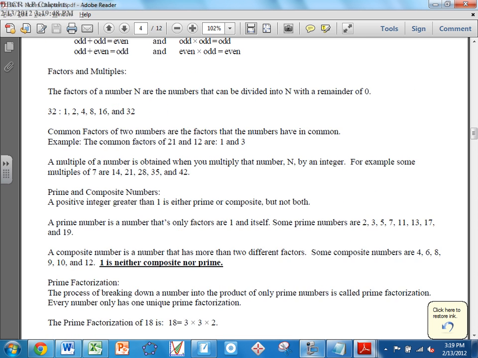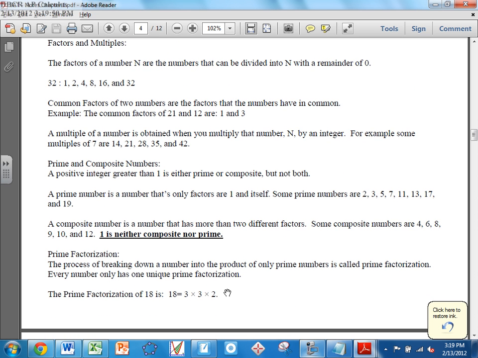Let's go to factors and multiples. Again, most people forget these terms. A factor is something that divides into a value. So for example, 32 could be broken into 1 times 32, 2 times 16, or 4 times 8. So those are all the factors of 32.